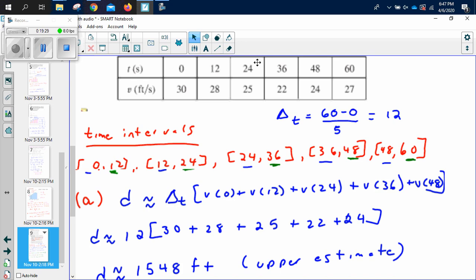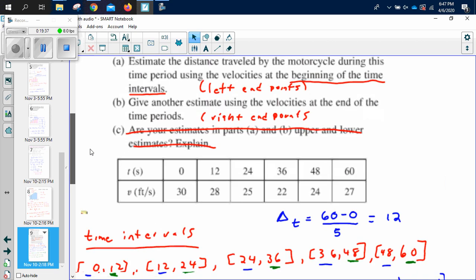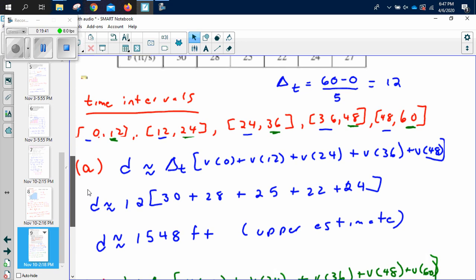That's the increment, basically. So in part A, it said that we wanted to use the left endpoints, so the readings at the beginning of the time interval. So I'm really using the left values for my x values.